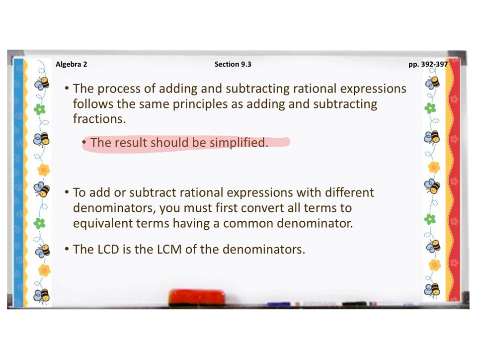To add or subtract rational expressions with different denominators, this is critical that you remember. You must first convert all terms to equivalent terms having a common denominator. This is called the lowest common denominator, and it is made up of the lowest common multiples.